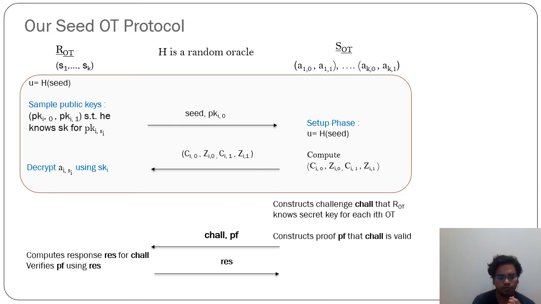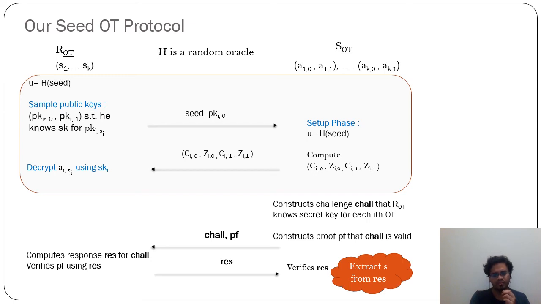Now the receiver computes the response for the challenge because he has the secret key. So he computes the correct response and he also verifies the proof using the response. And then if the proof is valid, then he sends the response. And the sender of the OT protocol verifies the response, and based on that, he either outputs bot or he outputs OK.